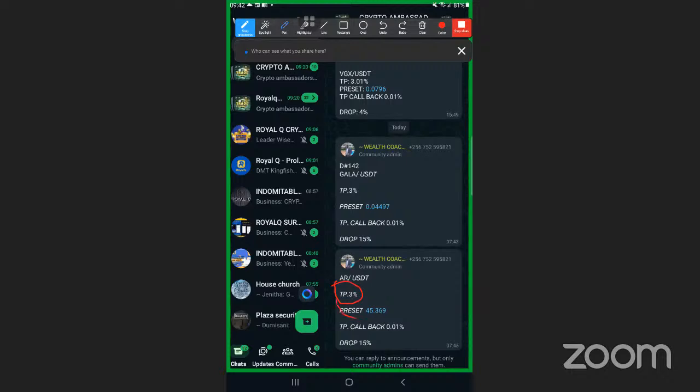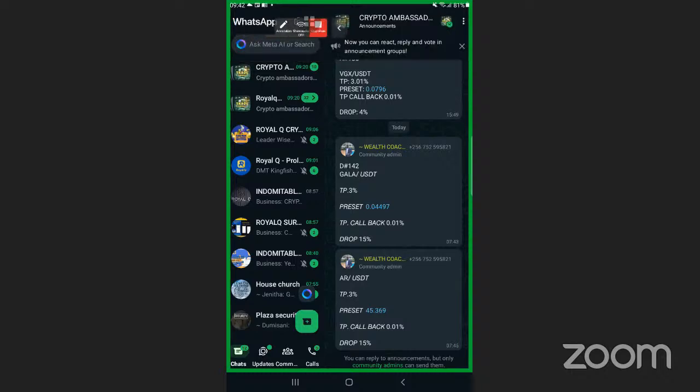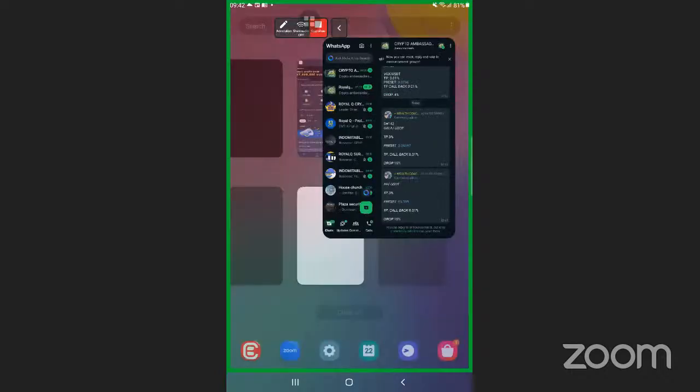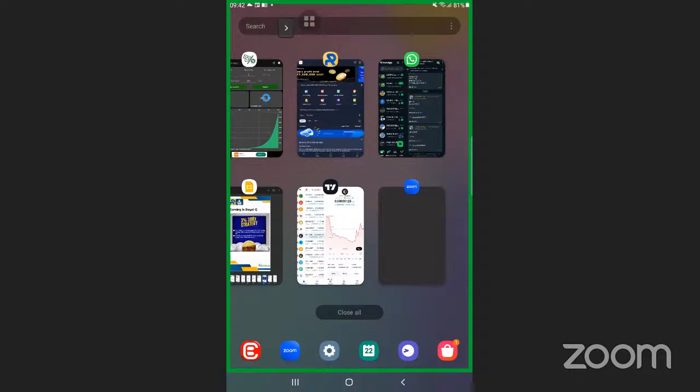And then we do have a preset, and then we do have what we call a take profit callback. I'm going to explain all this. But on the drop, we are going to use bull run strategy. We are not going to use this. I will come back and then we're going to emphasize the drop which is given. Let's go to our Royal Q robot together.